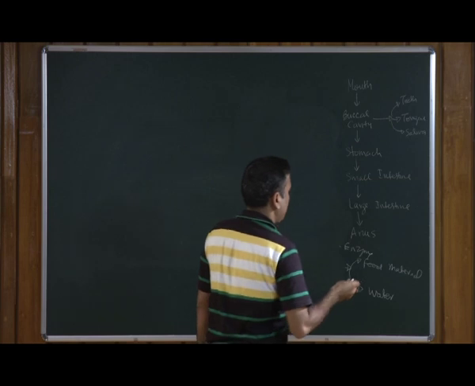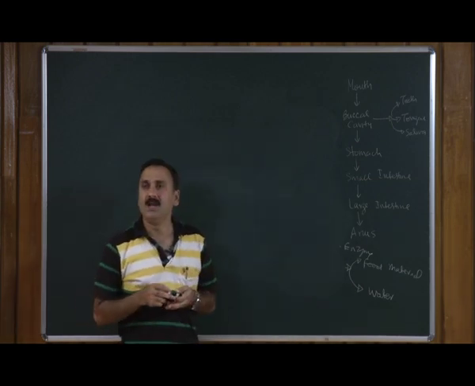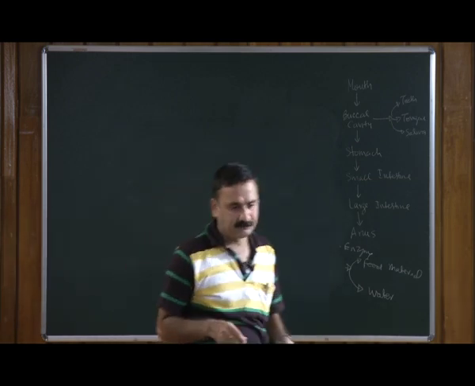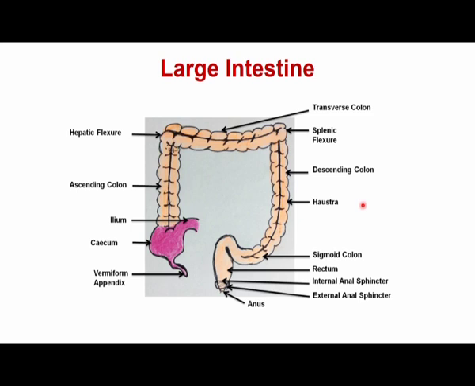The large intestine has three different components, as you can see in the given slide. At the bottom, there is a pouch-like structure called the cecum, and then there is a wide tube called the colon, and then the colon terminates into the sigmoid colon, and the sigmoid colon enters the rectum, and the rectum terminates into a structure known as the anus.